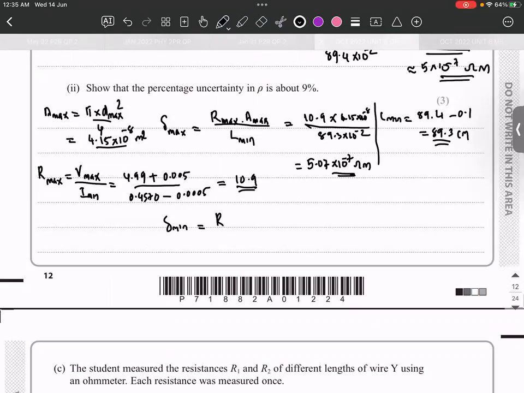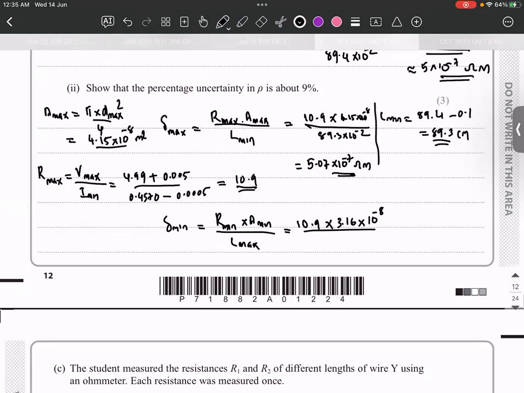How will you find the rho minimum? R minimum multiplied by area minimum divided by L maximum. So R minimum, if you are substituting, we will get still 10.9. Area minimum, if you are substituting D minimum into that, we will get the area minimum, so area minimum is 3.16 × 10^-8 divided by the maximum value of the length.